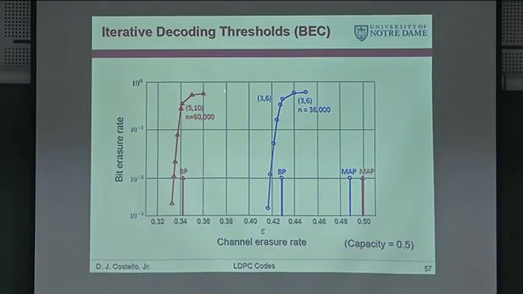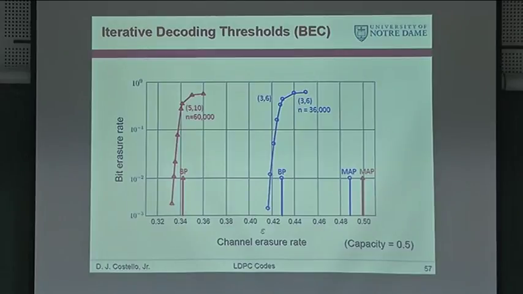Well, the story is that if you extended these curves down, this is only down to 10 to the minus 3. If you extended this down to 10 to the minus 20, say, this guy is going to become essentially vertical. This guy will have a slope, a small slope. They will eventually cross. So this will eventually be better.